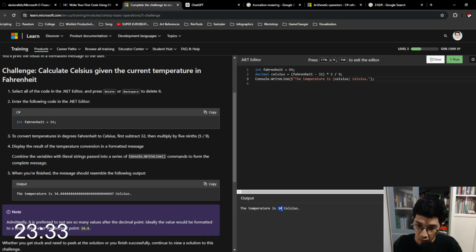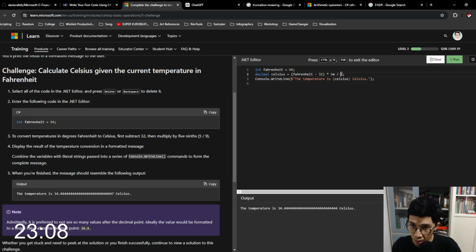Okay, but this one is not the same as this. It's still not a floating point. I have to make it a floating point anyway. So I think I have to put one of them like this one.